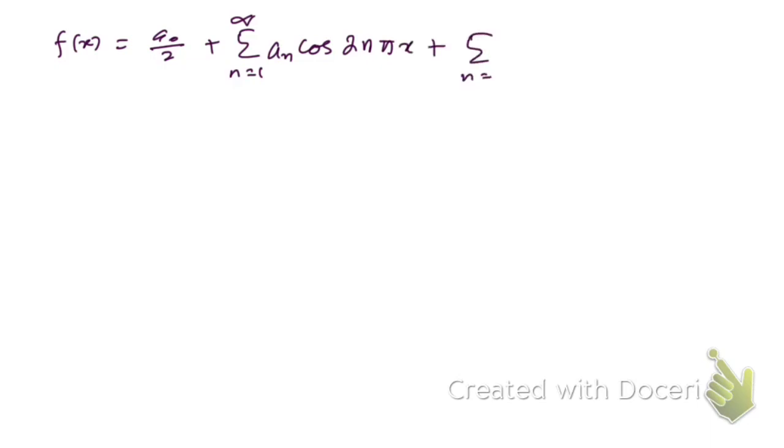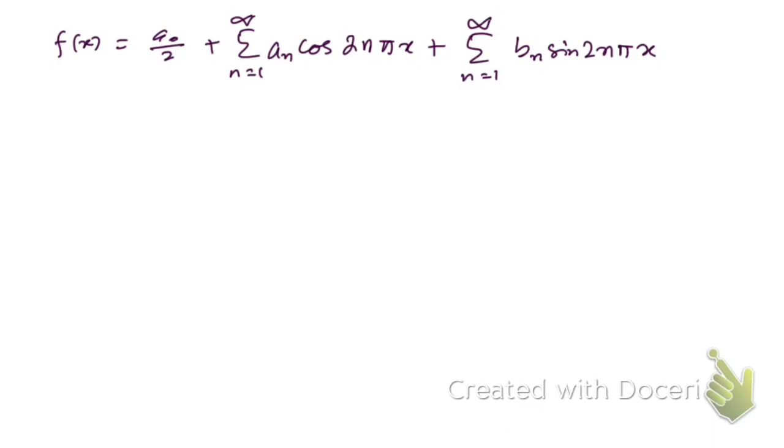Equation number 1 that we had is a naught by 2 plus summation n is equal to 1 to infinity an cos 2nπx plus summation from n is equal to 1 to infinity bn sine 2nπx.